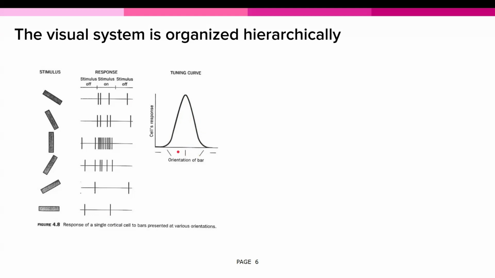Hubel and Wiesel called cells with these types of tuning curves simple cells, because they're really acting as line detectors. They're responding most strongly when a bar of light appears with a specific orientation in the visual field. And so their activity is very selective. They're firing at a higher or lower rate depending on the orientation of the bar.